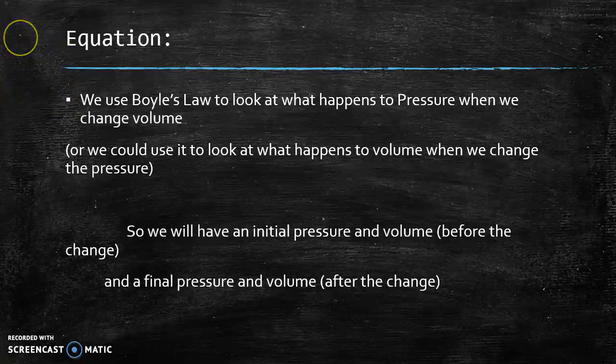In these equations, we're going to have an initial pressure and an initial volume. Those are what we start out with. Then we change one of those variables, and we figure out what the final ones will be, the final volume or pressure, depending on what the question asks.